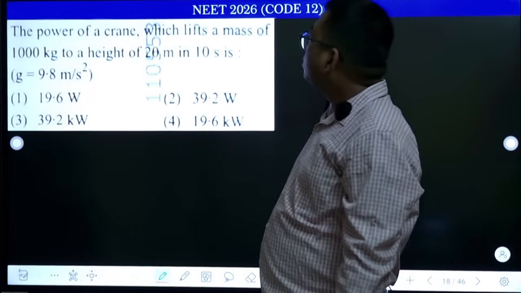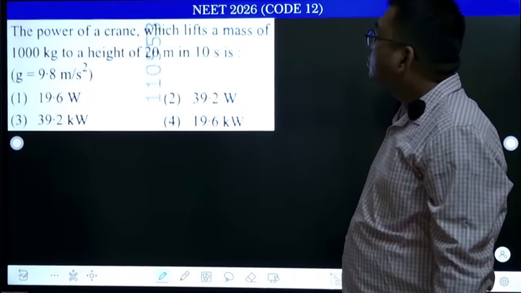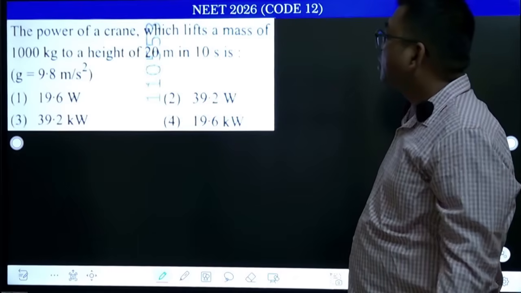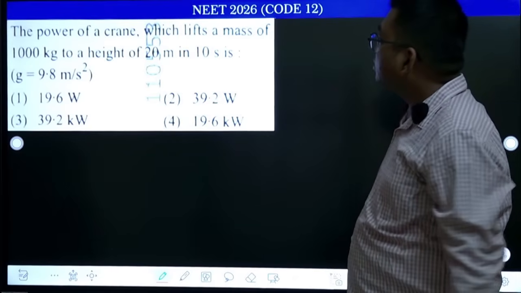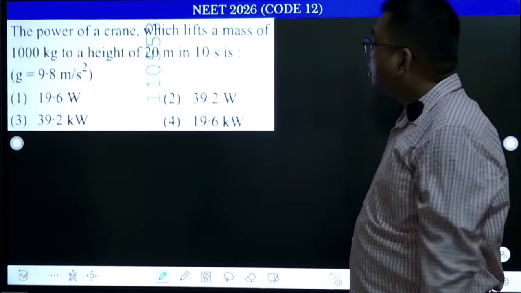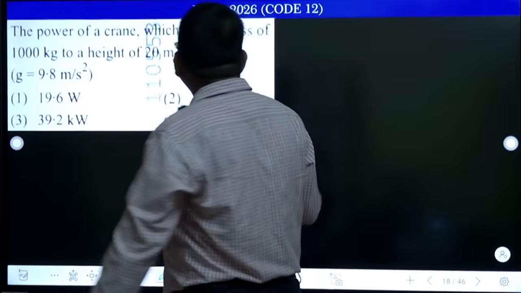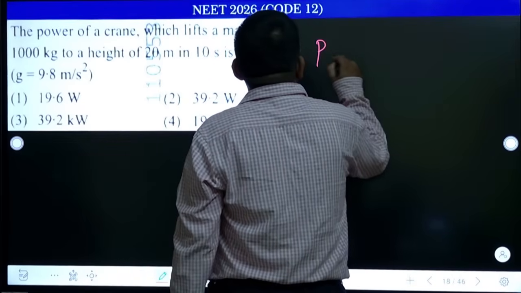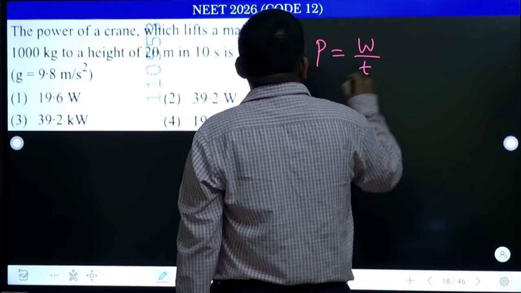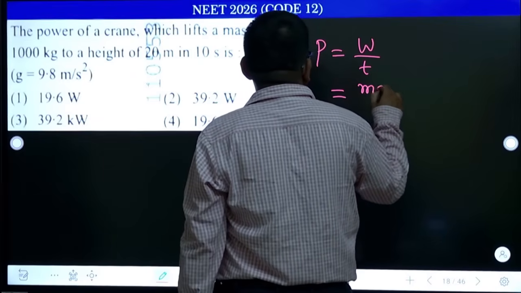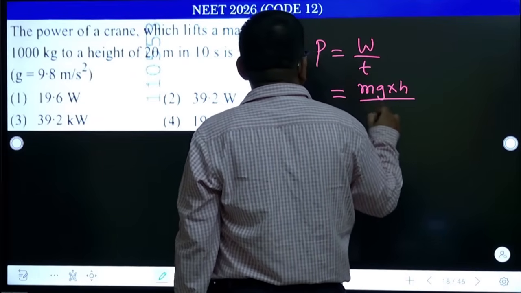The power of a crane which lifts a mass of 1000 kg to a height of 20 meter in 10 seconds is power. So time they have given, and it is lifting 1000 kg. So mgh divided by time, calculate that. Power is work by time. Work is force, that means mg into h divided by time.